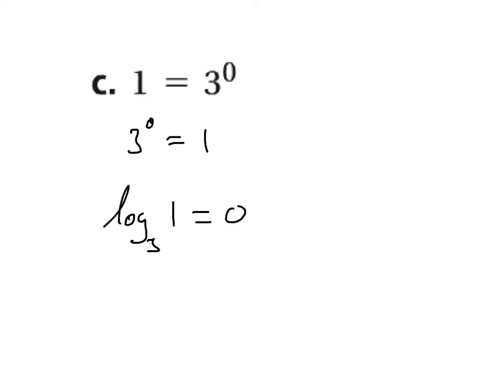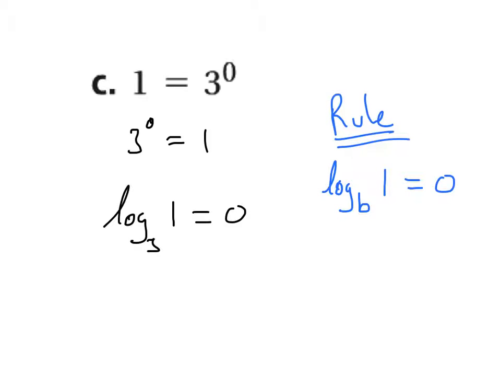So, what this is telling us is a rule for logarithms: the log base anything of 1 is going to equal 0. Why?